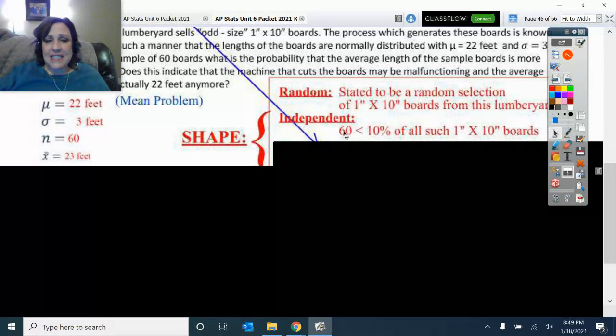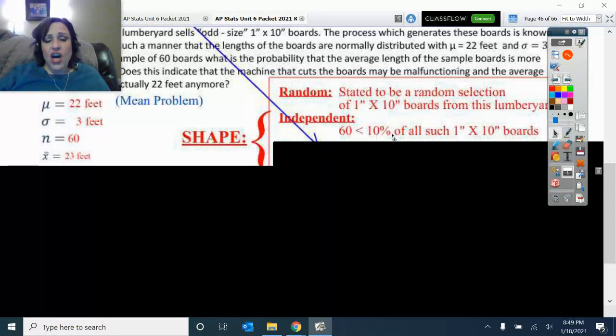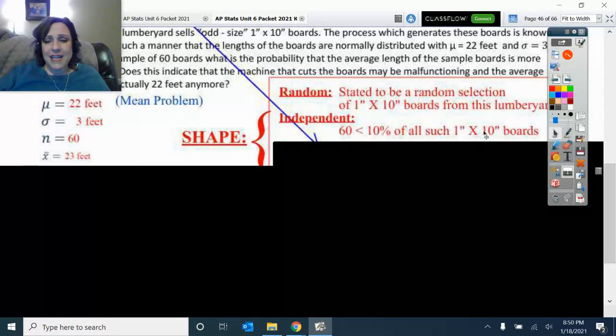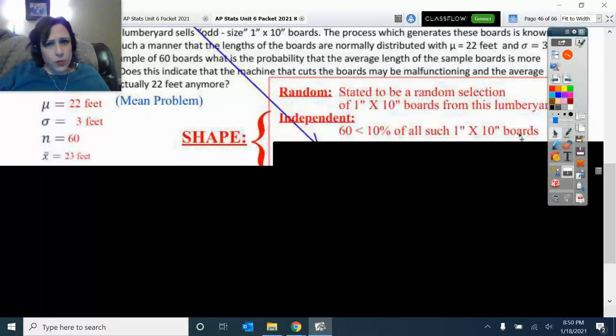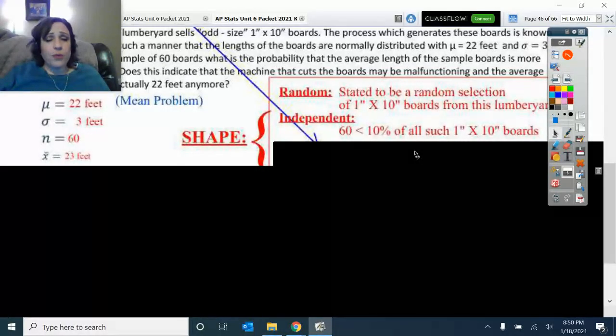So 60 is less than 10% of all such 1 by 10 boards. In essence, what I'm also doing is indicating to the reader what the population is. And so the population is all these types of 1 by 10 boards. I could put from this lumber yard, didn't have to. But don't just put 60 is less than 10%. It's 60 is less than 10% of all such 1 by 10 boards.